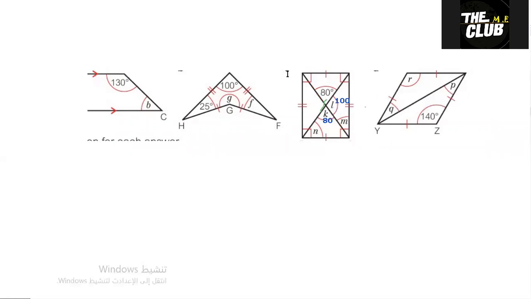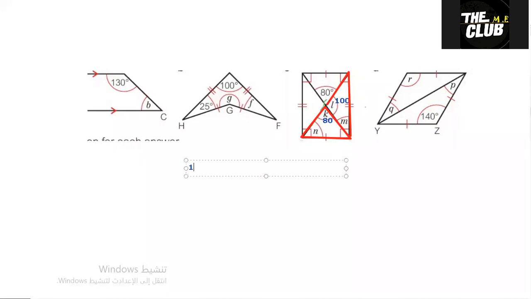Now we can use the rule of isosceles triangle, because we can see here that we have an isosceles triangle that has an 80 on top of it. And same idea with the isosceles triangle here that has 100 here. So what do we do? How do we find the base angles of an isosceles triangle? We subtract the angle on top from 180, and then divide it by 2. Very good.